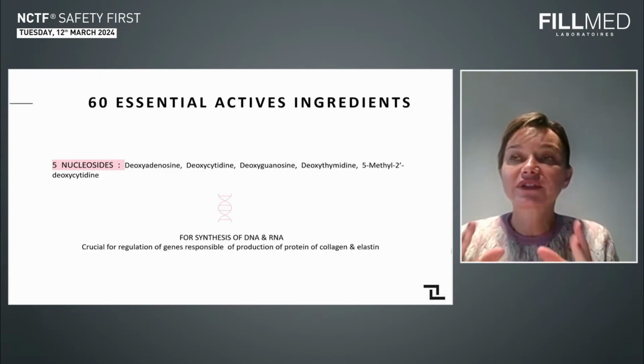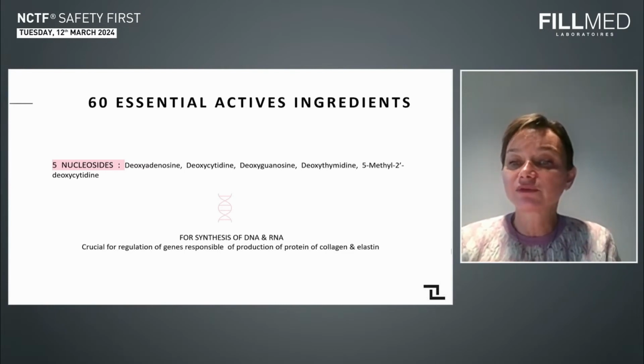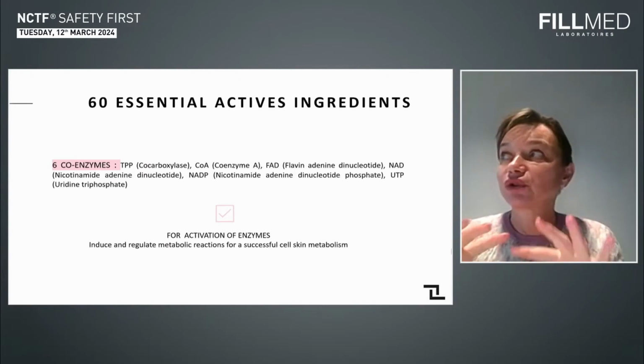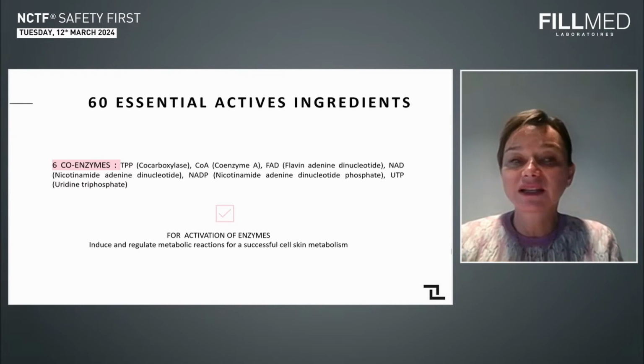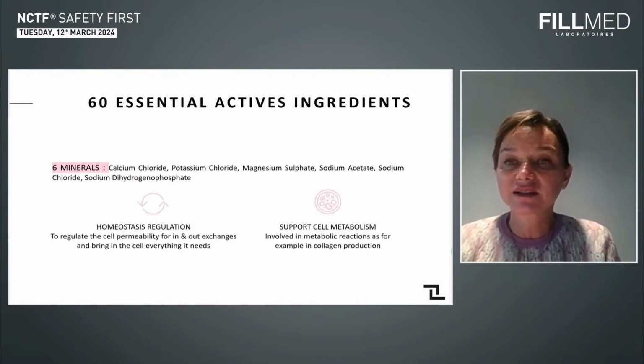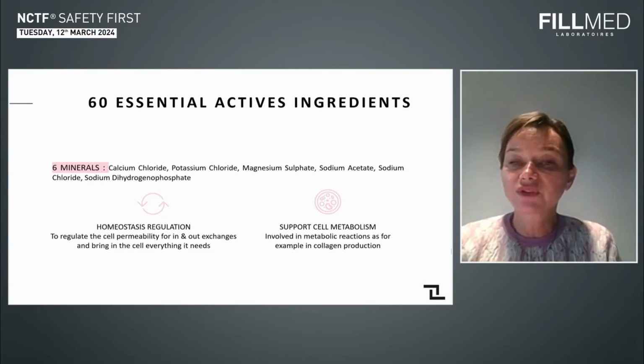They are here for the synthesis of DNA and RNA, which are crucial for regulation of the genes responsible for protein, collagen, and elastin. Then again, to contribute to the cell's metabolism, we have 6 enzymes inside for activation, and 6 minerals, including calcium and magnesium, to ensure the support of cell metabolism and homeostasis regulation.